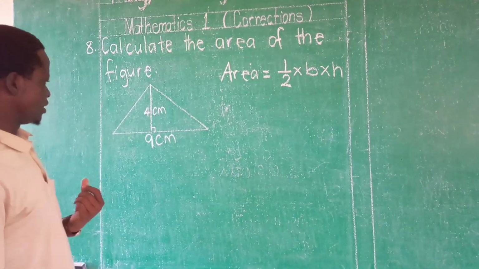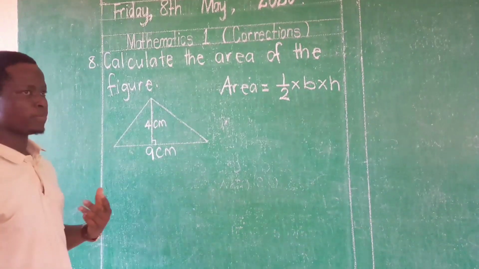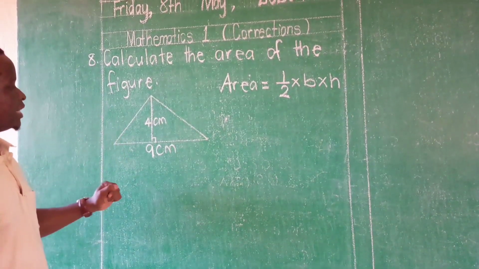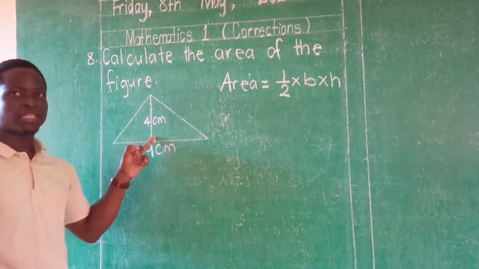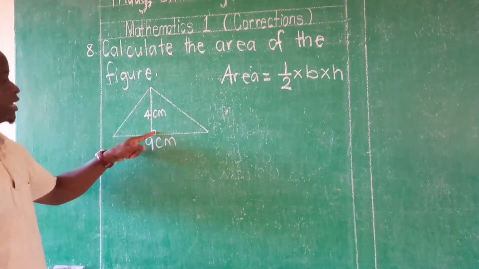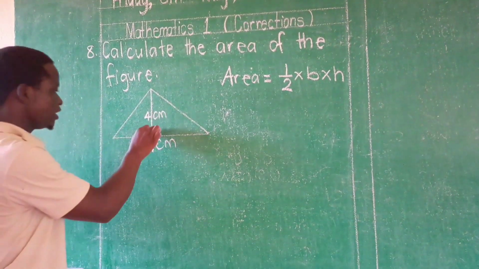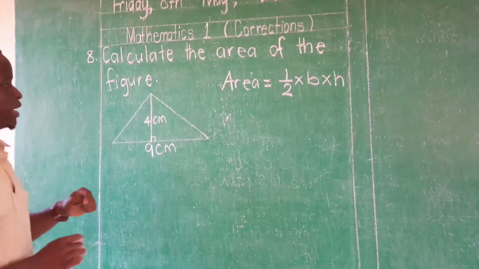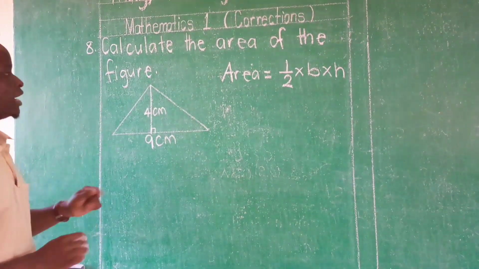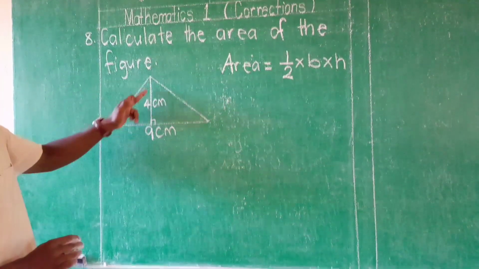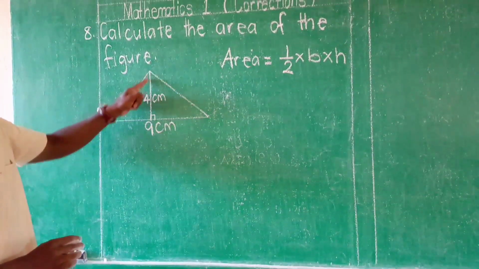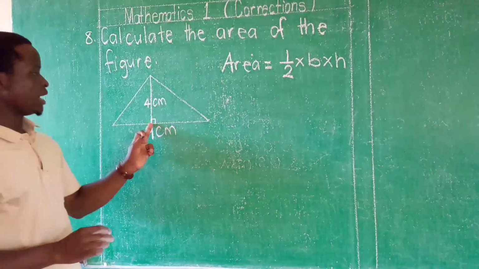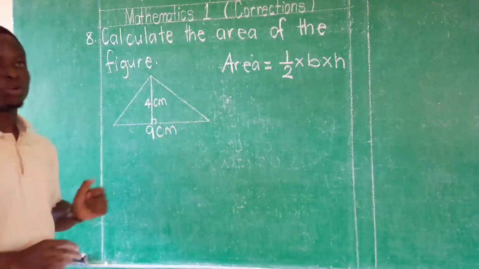Now, which one is the base and which one is the height? What you have to remember is that base and height always meet at a right angle, and this will have our right angle. So of these two lines meeting at this point, one is the base and the other is height. Now 4 centimeters is our height, the perpendicular line from the bottom to the top of an object.